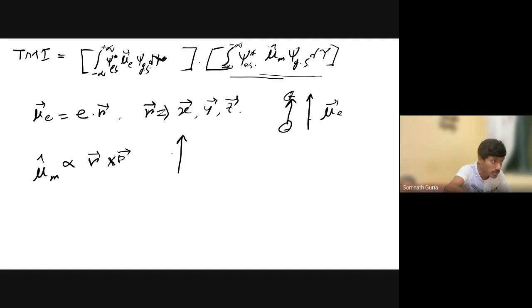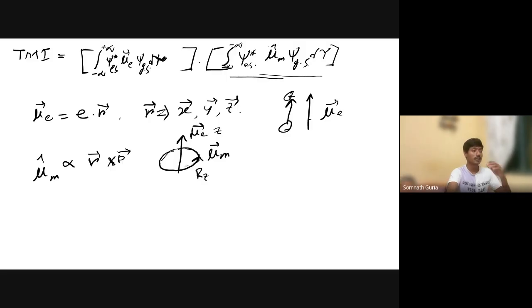With respect to it, a magnetic field is generated over here in a circular way. Okay, so this is my electric dipole moment, and this one will be my magnetic dipole moment. And let's suppose it is in the z direction. So this one will be the rz direction.